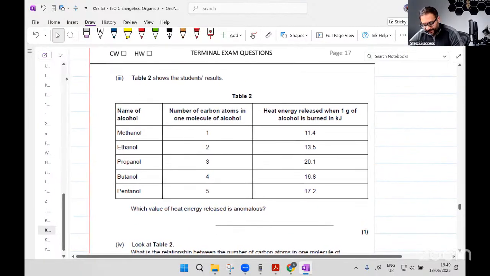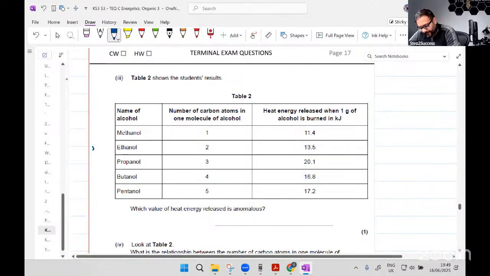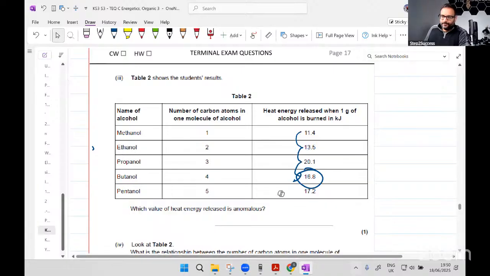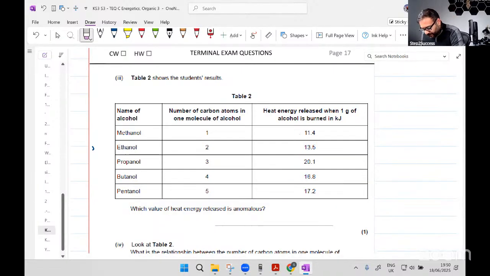Which value is anomalous here? I'm not reading all of this. This is a little bit complicated, but anomalous means something that doesn't fit. Now, as you can see, we increased there. It went up, then it went up, then it seems to have gone down suddenly, which seems unlikely to happen. Oh no, sorry, that's not right.